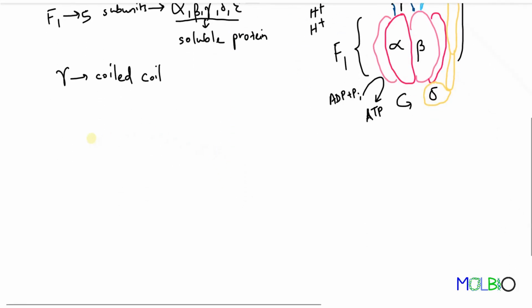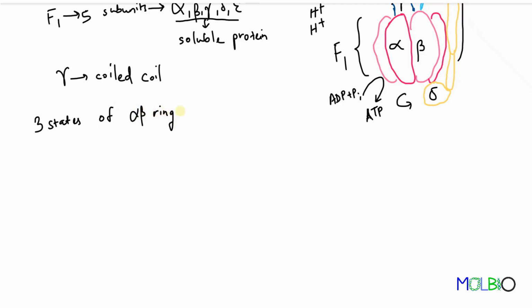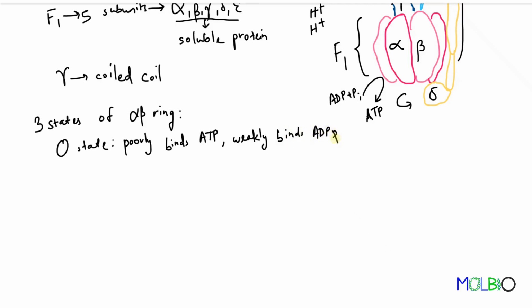So there are 3 states of this alpha beta subunit when they are rotating, and we'll also look at the molecular detail of it. So the first state is the O state, which binds poorly with the ATP, and it binds weakly, or let's say a little better than poor but still a weak interaction, with ADP and Pi, the inorganic phosphate.